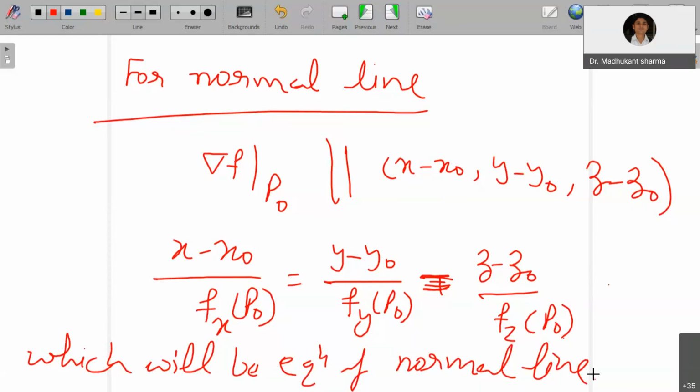Any line which is parallel to the gradient f will give you the normal line.